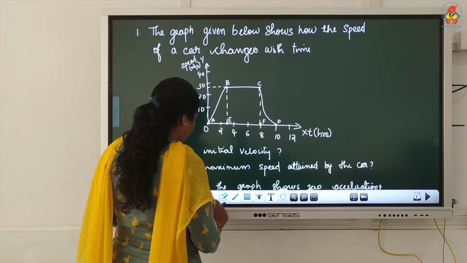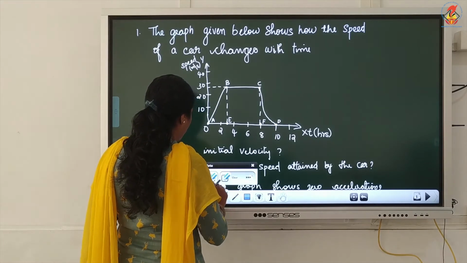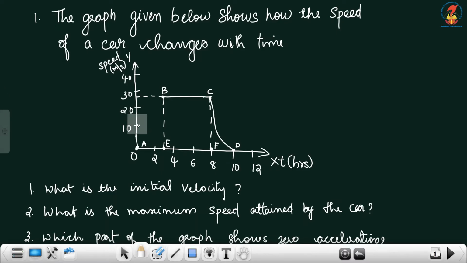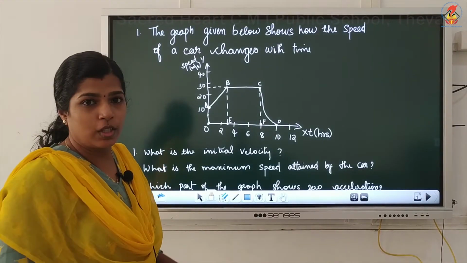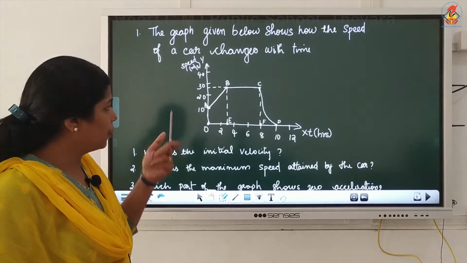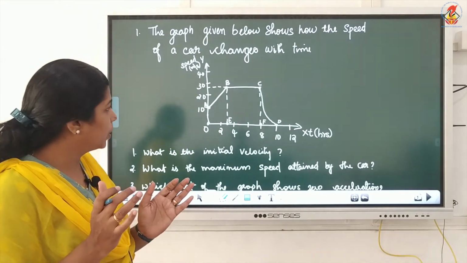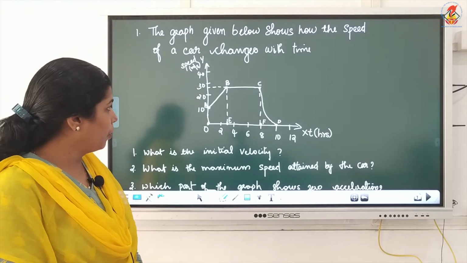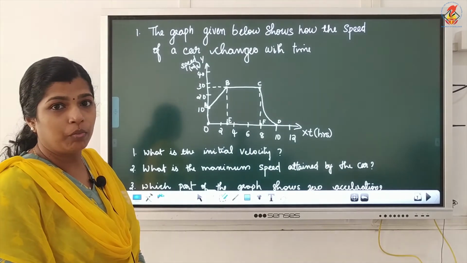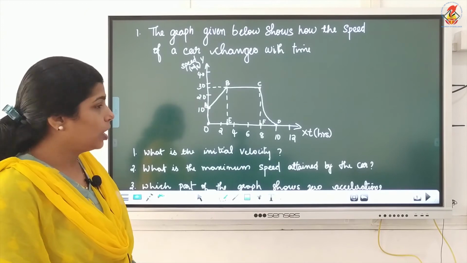There is a small change in the shape of the graph. Actually, the graph starts from this point, velocity 10. So, what is the initial velocity? Here the graph is not starting from rest, or from the origin, so it is having some initial velocity.